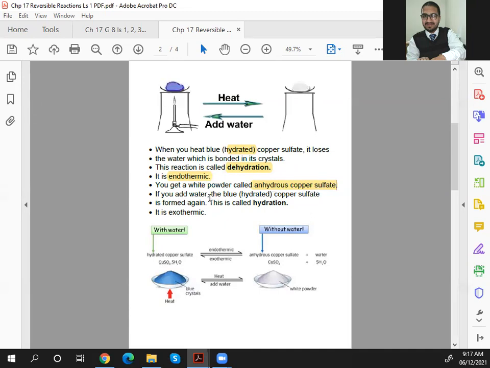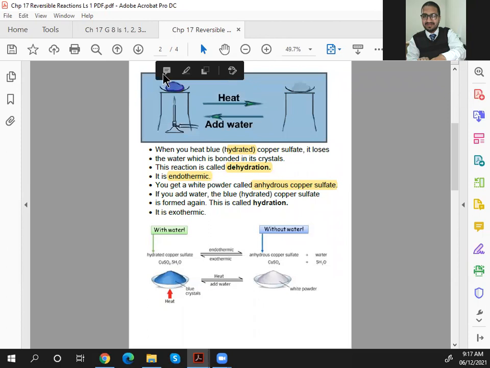If you add water, blue hydrated copper sulfate is formed again. If you add a couple of drops of water, the color will come back. Why? Because you just added water.